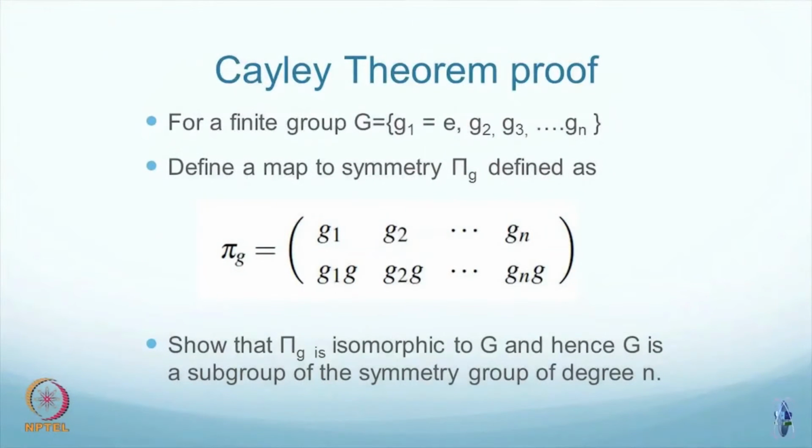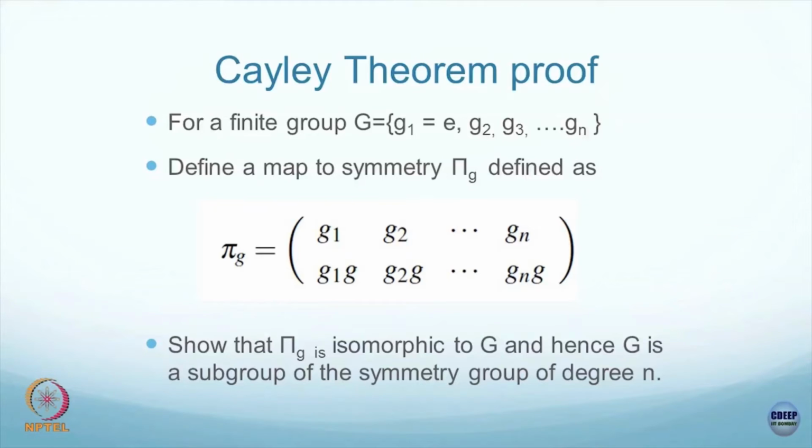Okay. If you can show this, then you have proved Cayley's theorem. So, I have defined for you a pi subscript G: take the set of all the elements in that group G to be the objects in the permutation group, which is getting permuted.